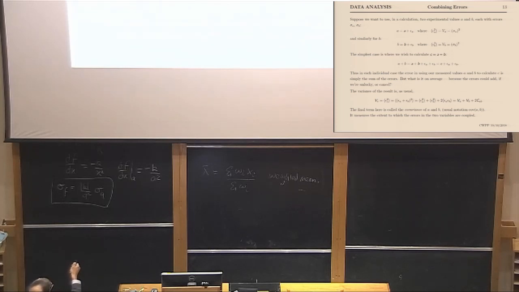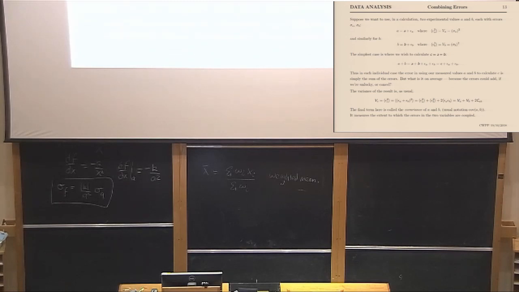Now if we just add together these equations, we get A plus B is the sum of the true values, which is the true value of C, plus the error in A, plus the error in B. Okay? So the error in A plus B is the error in A plus the error in B. That's blindingly obvious, isn't it? Now the question is, what's the average value of that?